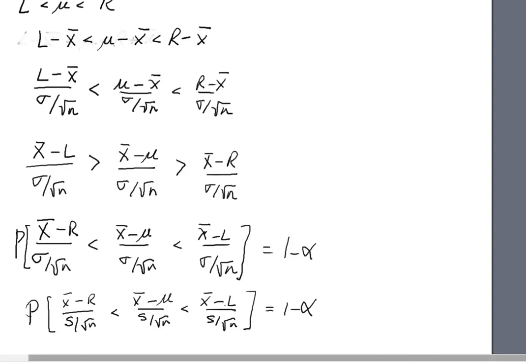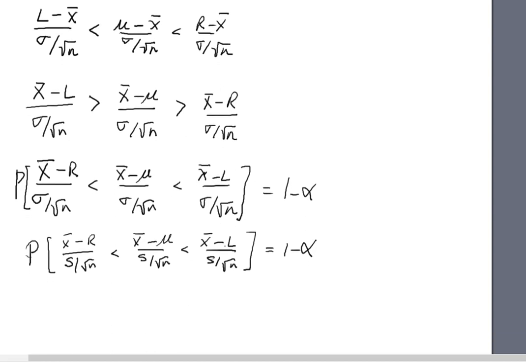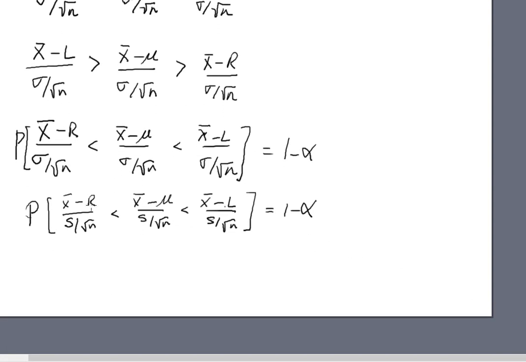Well, all is not lost, because I know that distribution too. It's not a z, but it's a distribution that we know, and the distribution is Student's t distribution. Now, Student was a pseudonym or a pen name of William Gossett.